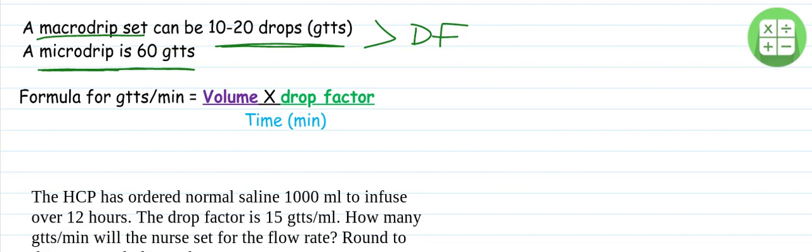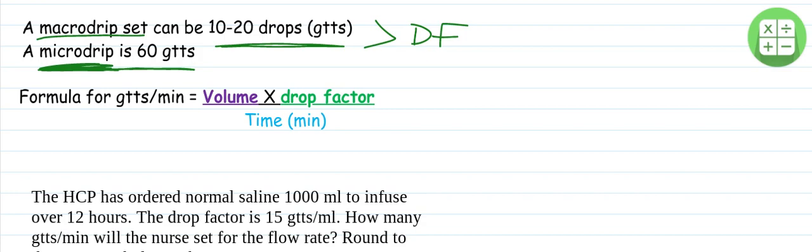So you may see 60 or you may see micro drip. And if you do see micro drip, just know that that is 60 for the drop factor. That set delivers 60 drops per milliliter, okay? Sometimes they say micro drip and they assume that you know it's 60. So we don't want to miss a problem just simply for not knowing that.